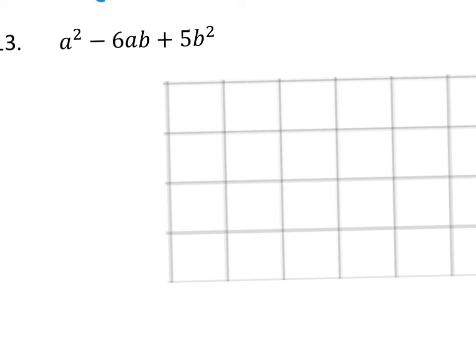And of course, in our final check, negative b times negative 5b gives us positive 5b squared.